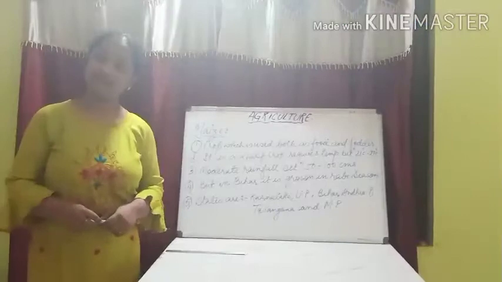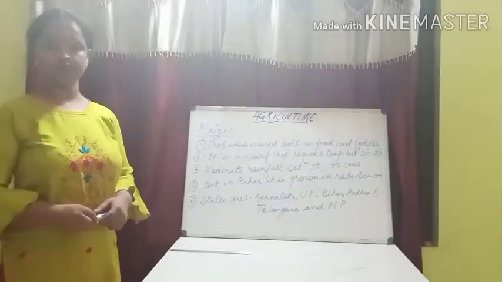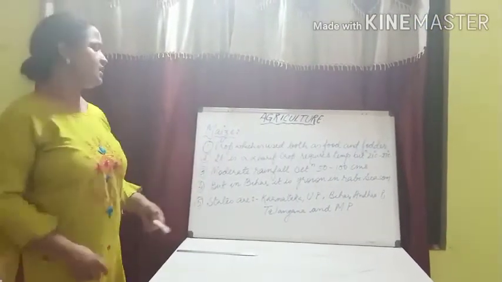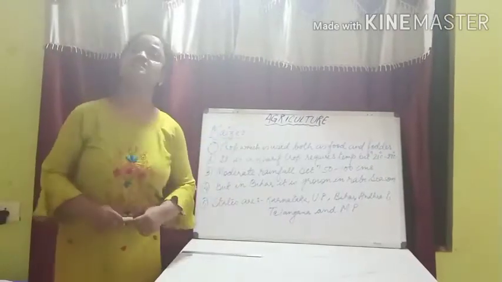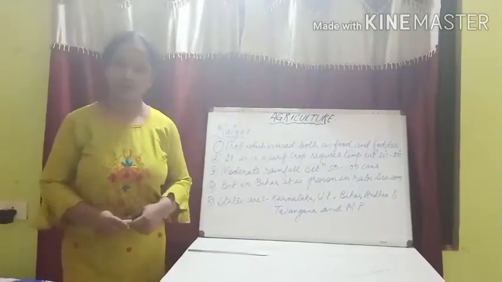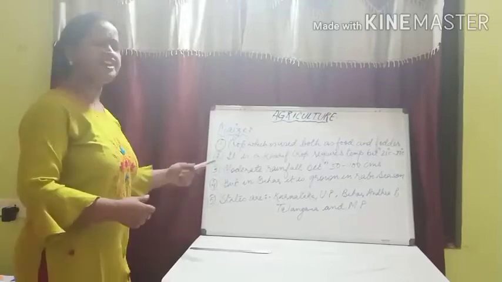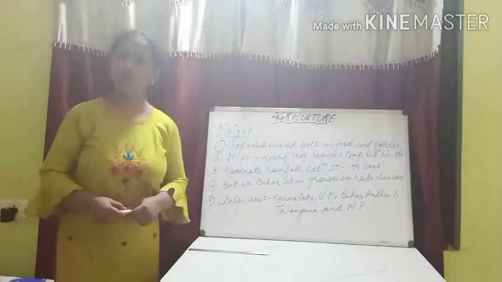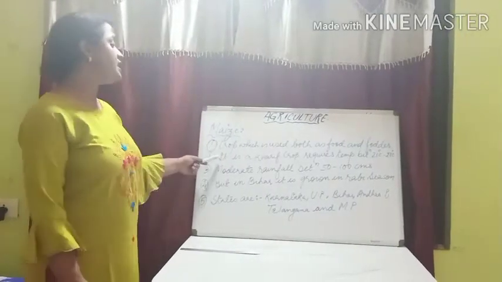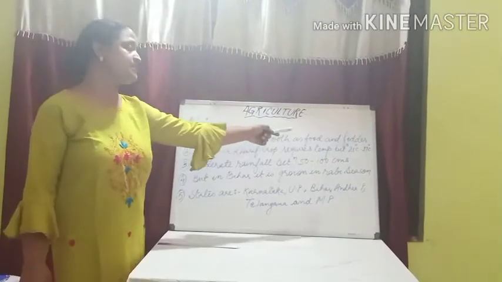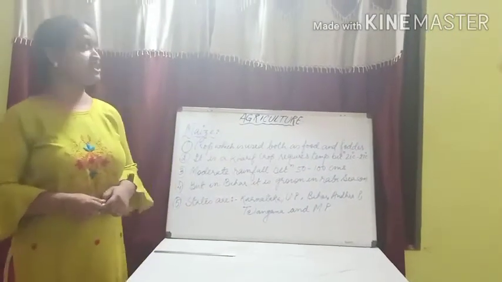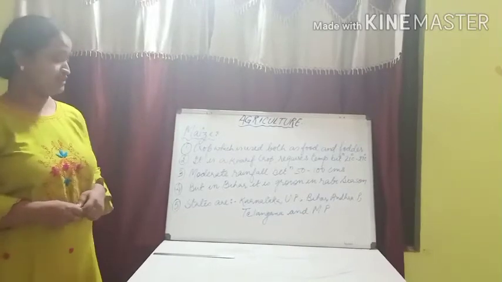The last topic in the grain section is maize. Maize is a crop which is used both as a food and a fodder crop. It is a kharif crop, but in some areas it is also a rabi crop. As a kharif crop it requires a temperature of 21 degrees Celsius to 27 degrees Celsius.